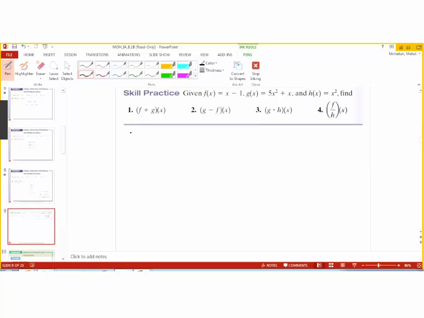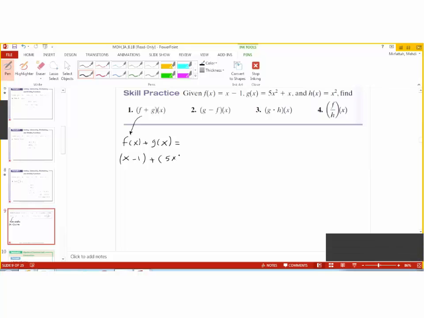So this one would be f of x plus g of x. Well, f of x is given to me as x minus 1, and g of x is given to me as 5x squared plus x.